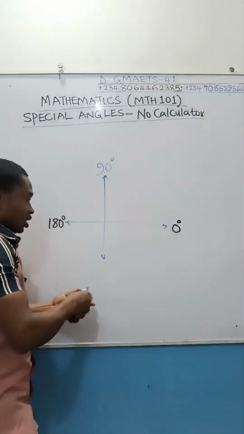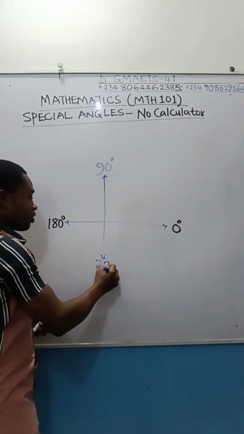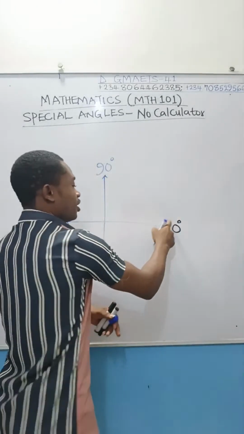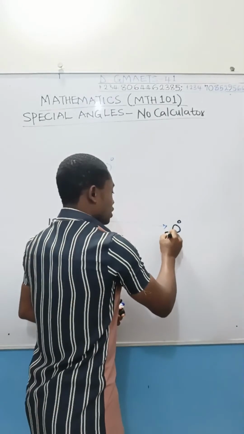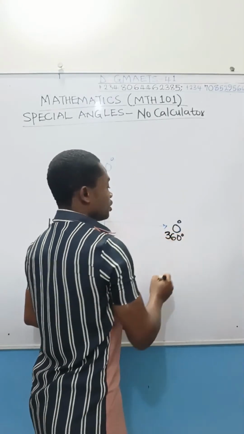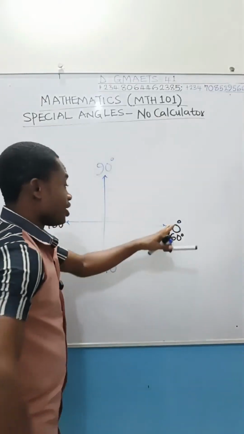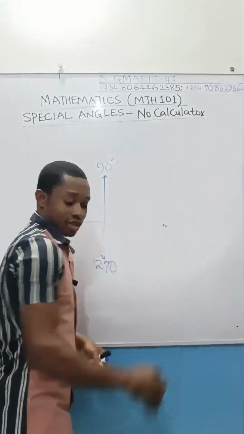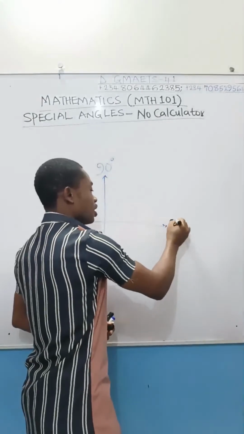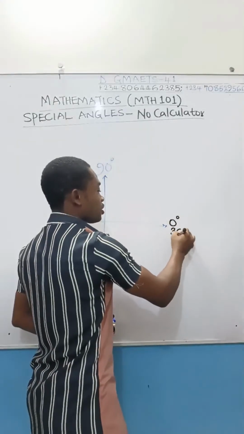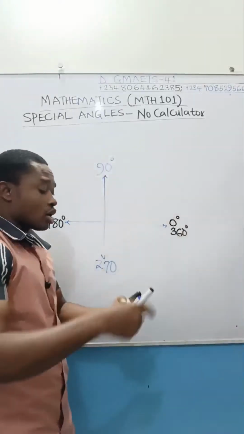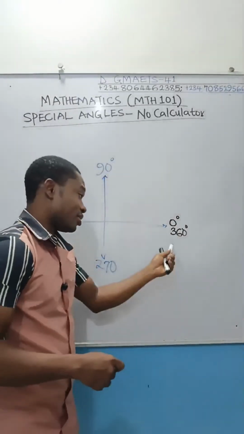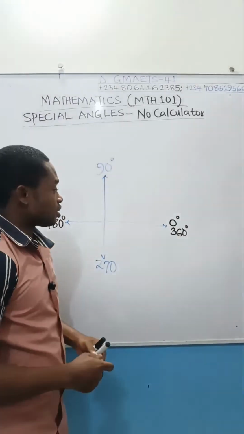And then we have this as 270 degrees. If you go back here, it will land you at 360 degrees. So at this point, we have 0 and 360 degrees. The starting point is 0 degrees. When you go round and come back, it gives you 360 degrees.